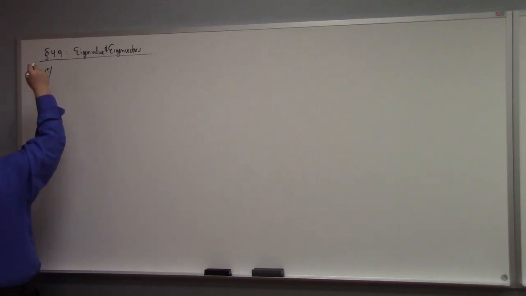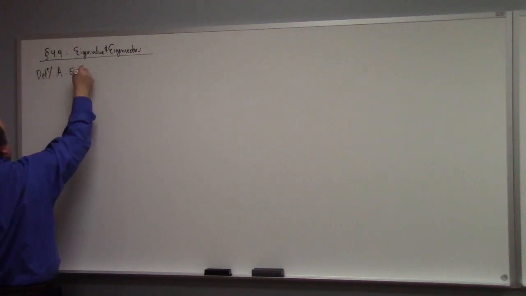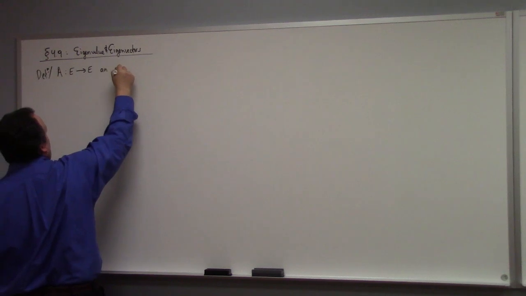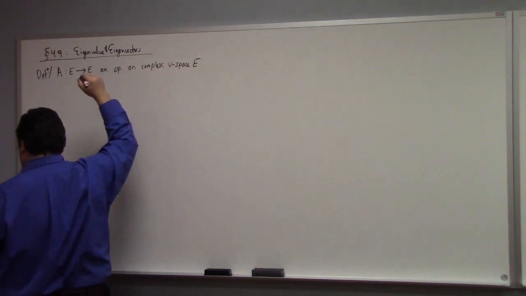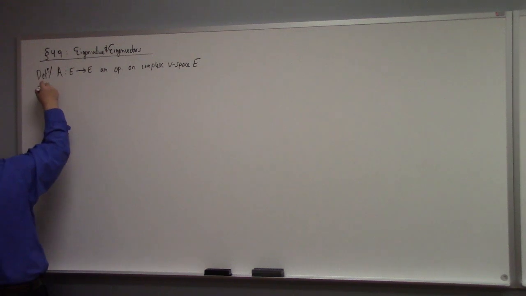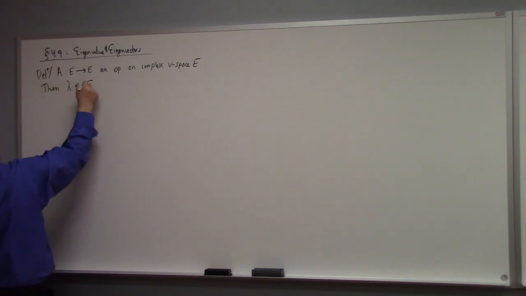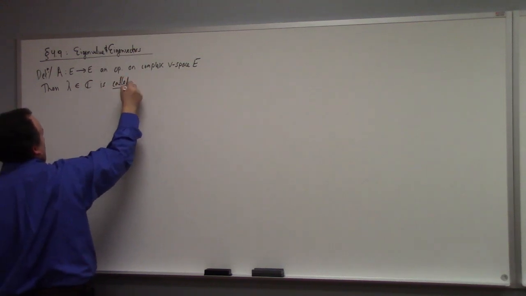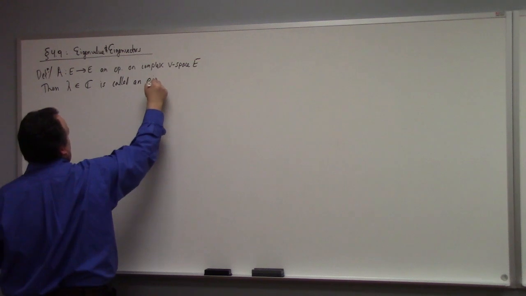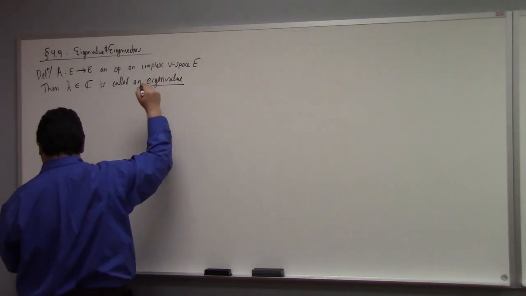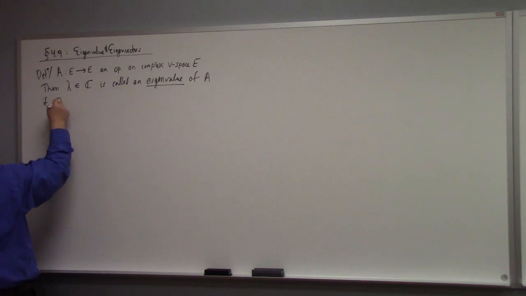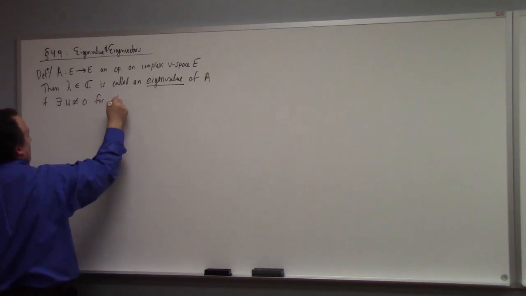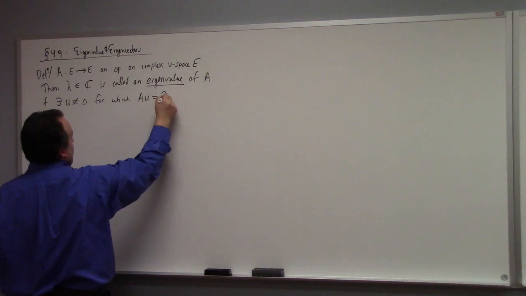Let A be an operator on a complex vector space E. A complex number lambda is called an eigenvalue of A if there exists u not equal to 0 for which Au equals lambda u.